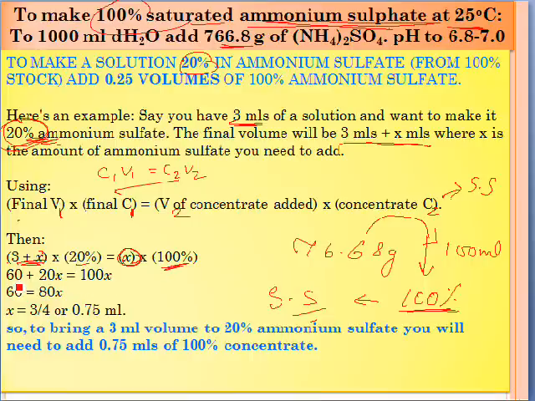Here V1 is 3 plus X, the final volume, C1 is 20% because this is what we want to make, X is the volume that we calculate by this equation, and C2 is the Stock concentration, 100%. Then the volume of X comes out 0.75 ml. That means to 3 ml of solution, add 0.75 ml of 100% Stock solution. This prepared solution will be a 20% saturated solution.